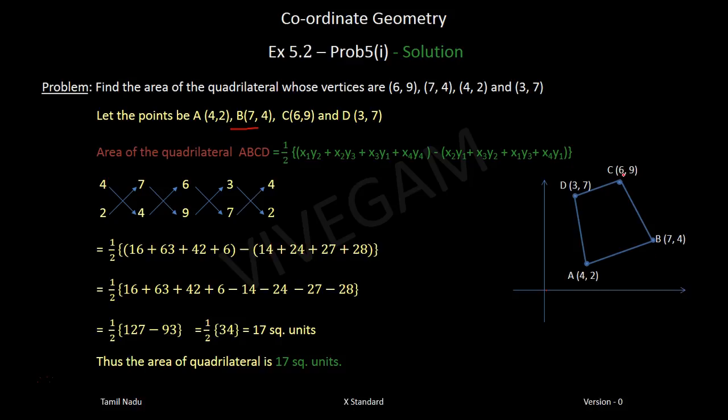See, for the previous point x is 6, and now x is 7, so this point is farther away in the x direction. Next is (4, 2). We measure 2 units along the x-axis and 1 unit along the y-axis. So (4, 2) is marked. For (3, 7), we mark 1.5 units and 3.5 units in the y direction. So the 4th point is marked.